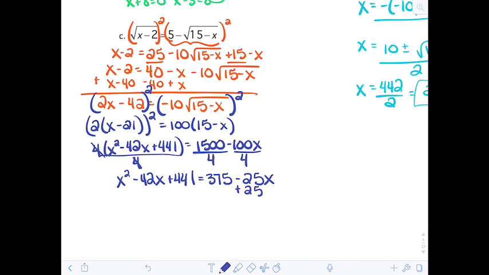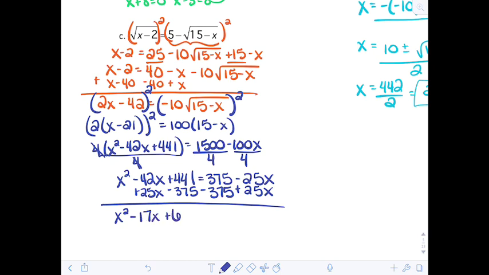Now I'm going to add 25x, getting this quadratic equal to 0, subtract 375. Okay, so I have x squared minus 17x plus 66 equals 0. And believe it or not, this factors.